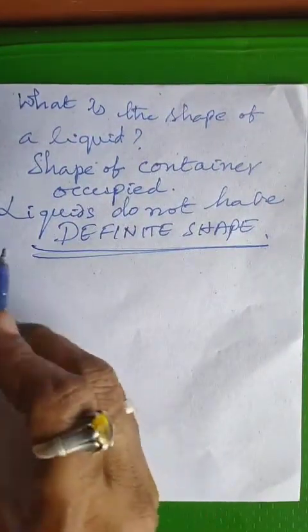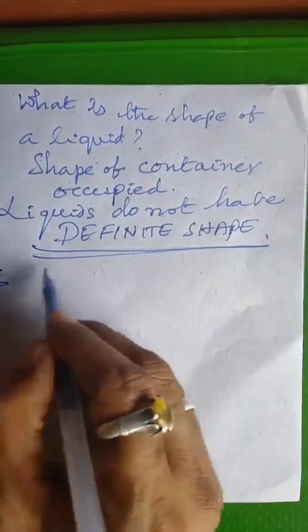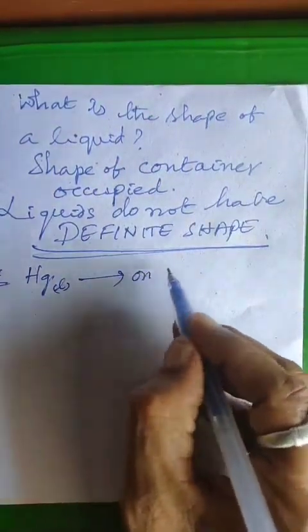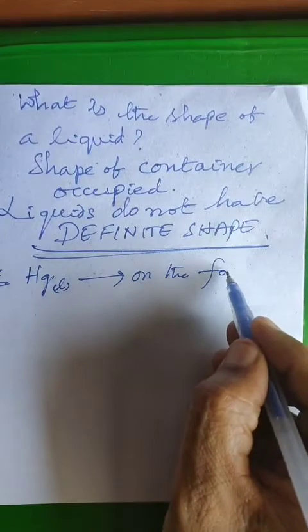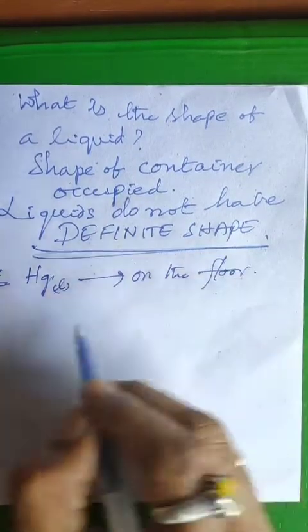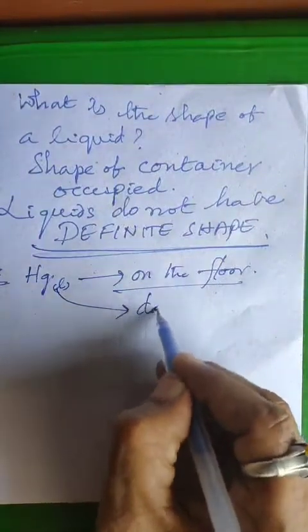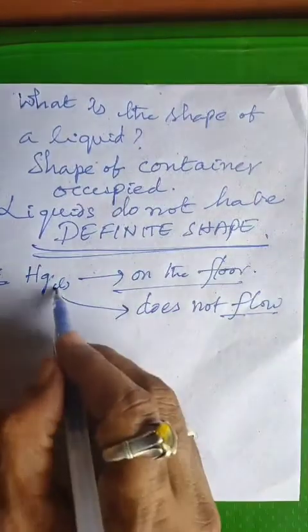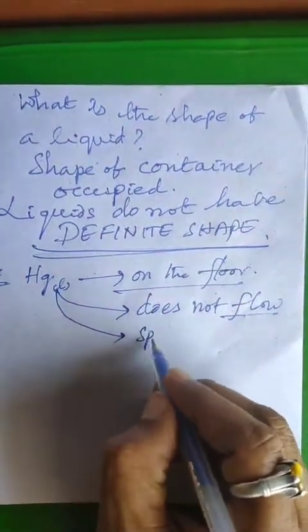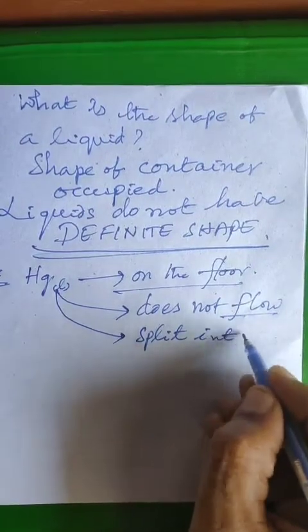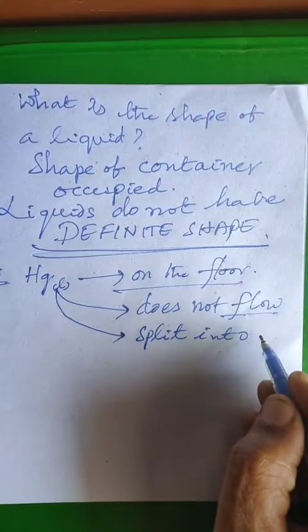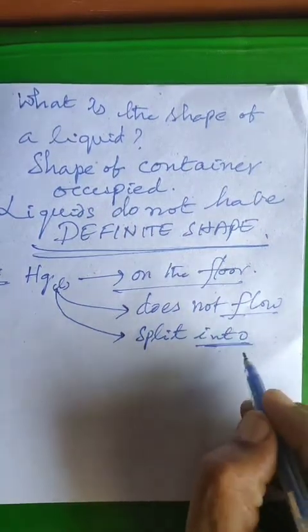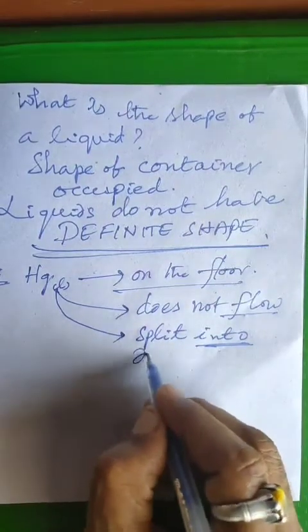Then observe some examples. If we drop mercury liquid on the floor, what happened? Yes, it does not flow, and it is split into droplets.